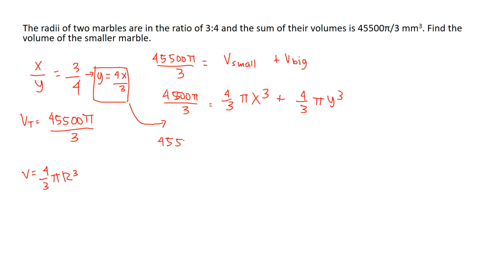So, 45,500 pi over 3 is equal to 4/3 pi x cubed plus 4/3 pi y cubed, where y is 4x over 3, cubed. I-arrange lang ninyo ang equation. One equation, one unknown.